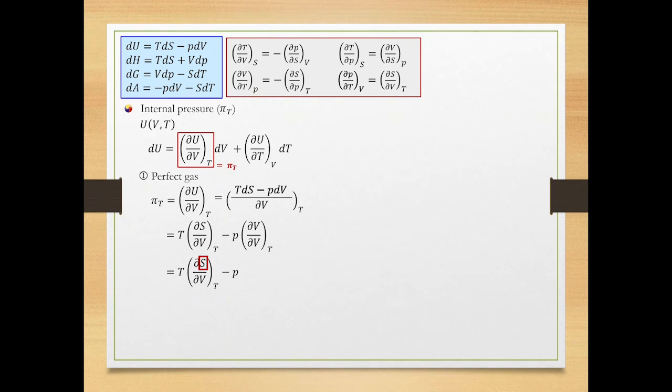The partial derivative of S with respect to V at constant T is equal to the partial derivative of P with respect to T at constant V. The P and V are physically measurable. Now, the pi T can also be written as T times the partial derivative of P with respect to T at constant V minus P.